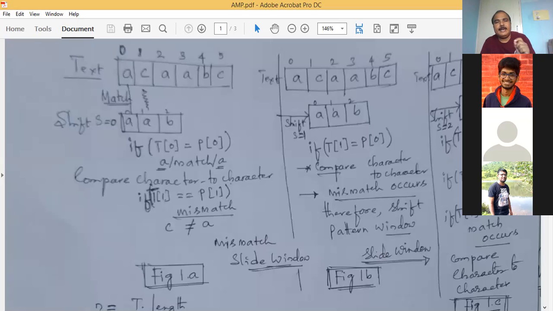I've taken a simple text and a simple pattern. Here the pattern length m can be 100, or m can be 200. Any length, but it should be a finite number of elements.